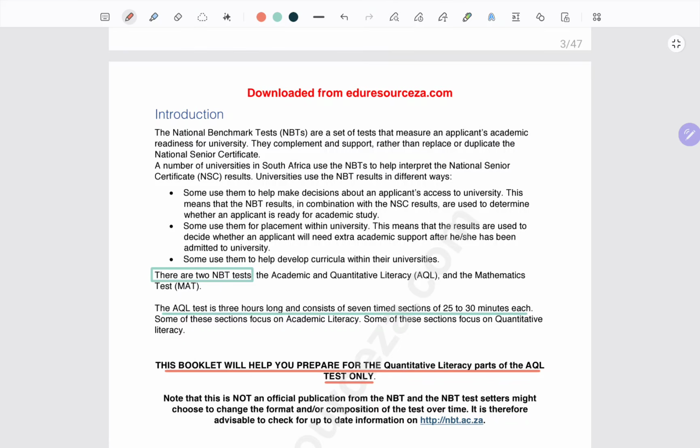Others may perhaps focus on issues of access to the institution for this applicant, in which case these results, in combination with your NSC results, may be used to decide whether you are ready for the study that you are choosing. Secondly, others may use it for placement within the university.